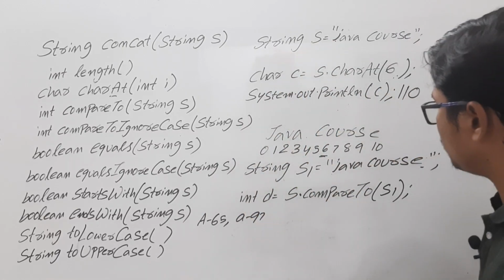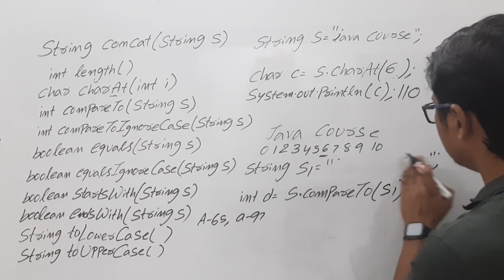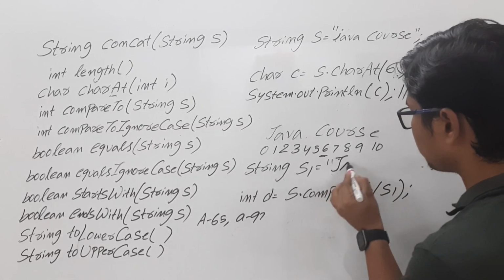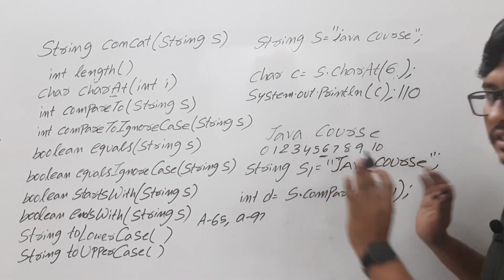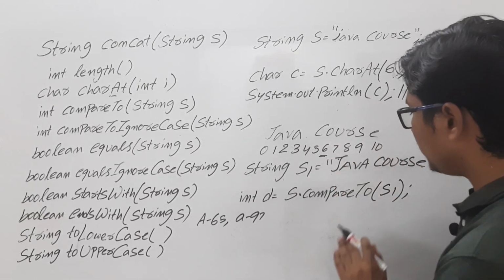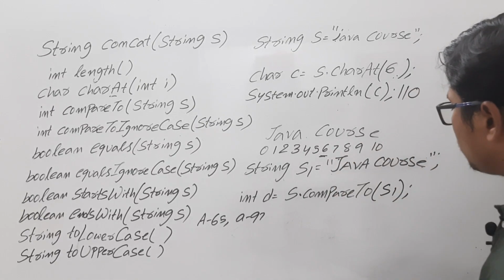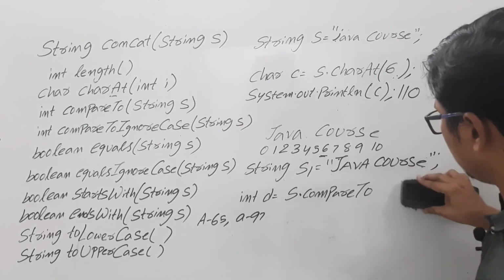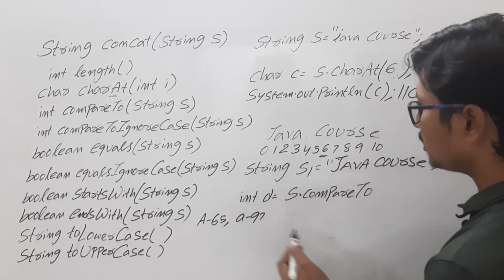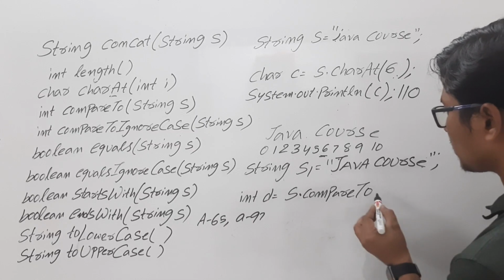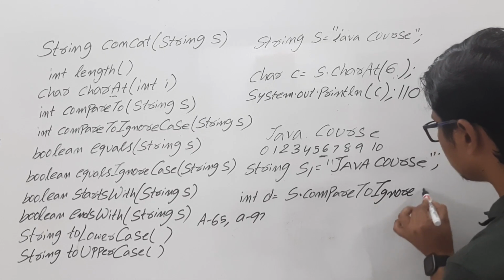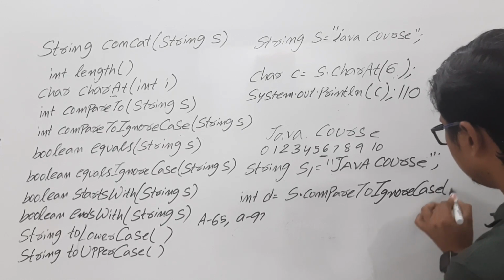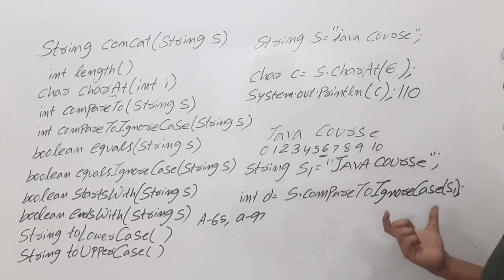Is it clear? Suppose here I have Java course, everything in uppercase letters. If I use compareToIgnoreCase, let me write here: int d is equal to s.compareToIgnoreCase(s1); I hope it is visible for you.